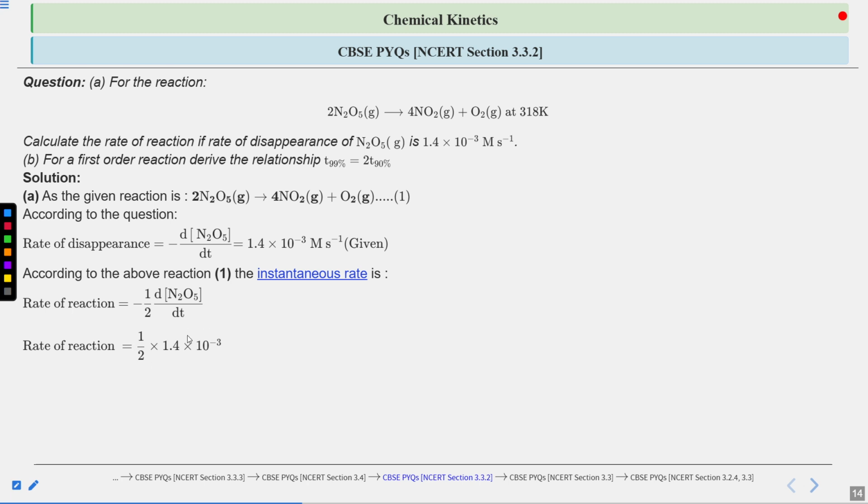When you solve this, the rate of reaction comes out as 0.7 times 10 to the power minus 3, that is, 7 times 10 to the power minus 4 molar per second. Now we will solve part B.